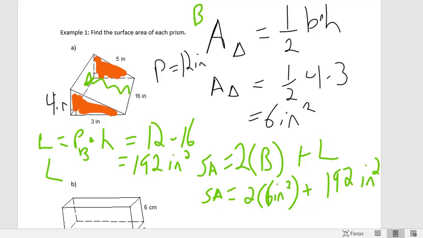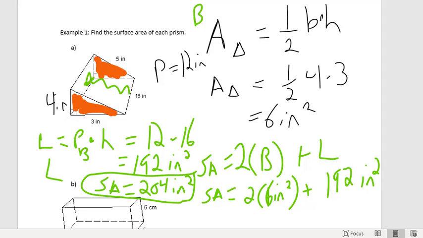So the total surface area of this entire shape is going to be 204 inches squared.